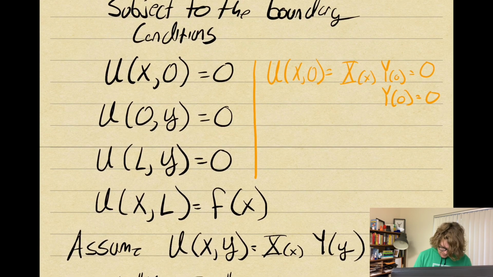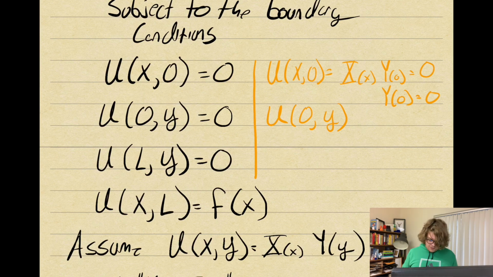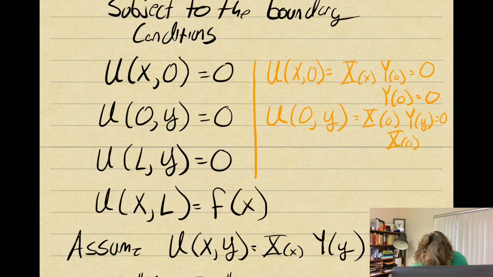Our second boundary condition says u of 0y should be 0. Here we're replacing x with 0, and we're leaving y alone. So this is going to be X of 0 times Y of y equals 0. So here we get that X of 0 should in fact be 0.